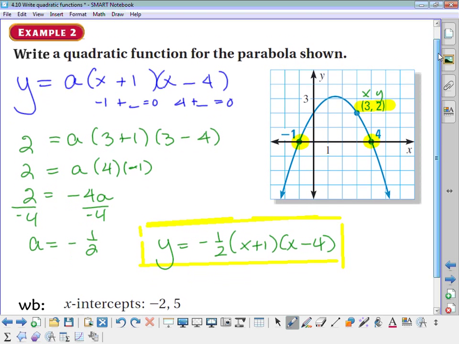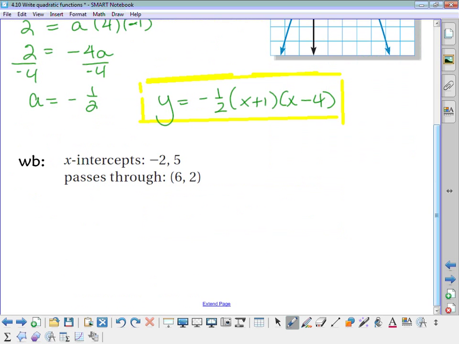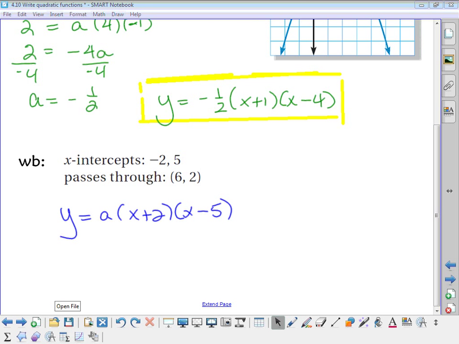All right, here's another problem you can try on your own. All right, so this is our starting point. Y equals a times x plus 2 times x minus 5.